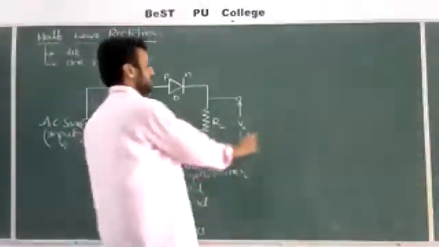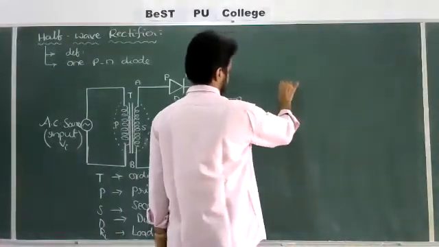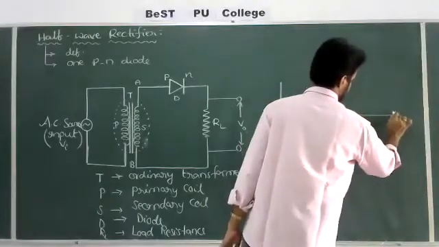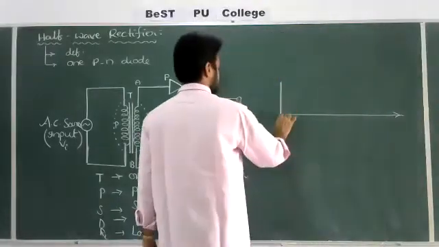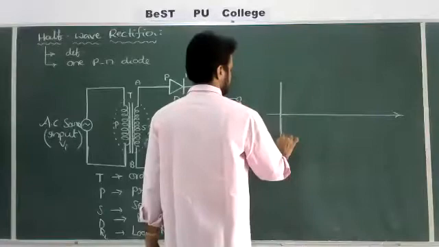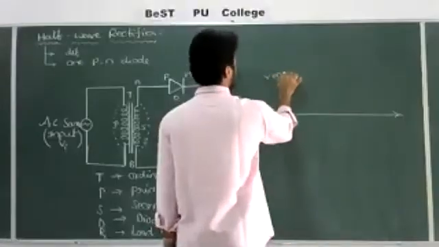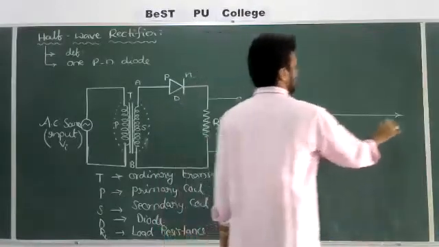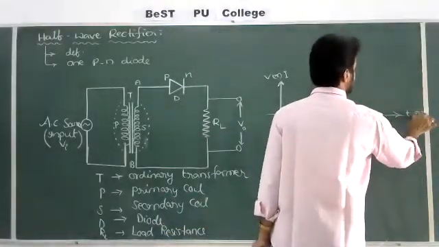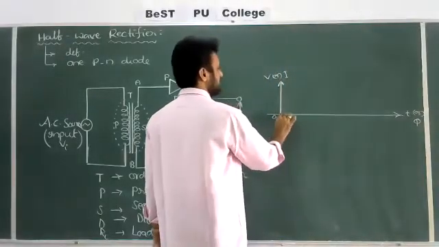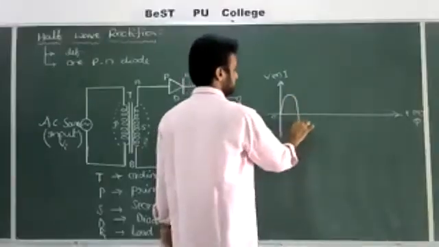And we can draw our graph also here. I'll draw the graph, this one. Either voltage or current is taken on the y-axis. Either time or phase, that is the pi angle, will be taken on the x-axis. So we can draw the nature of the graph like this.